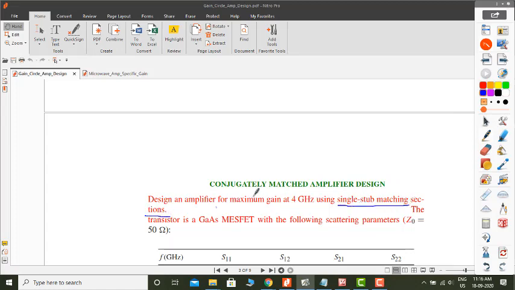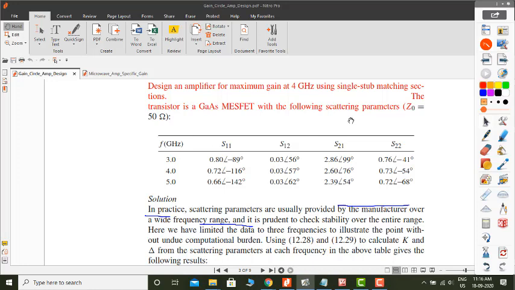So in our matching network design we have to use the single stub matching section, and the given device is a gallium arsenide MESFET, our active device to design the amplifier, and the S parameters of this MESFET are tabulated for 3 different frequencies: 3 gigahertz, 4 gigahertz and 5 gigahertz.